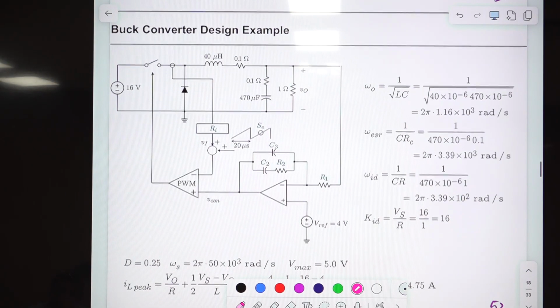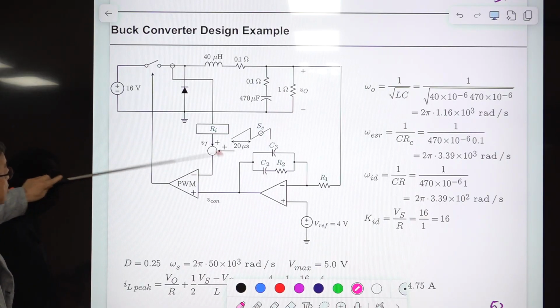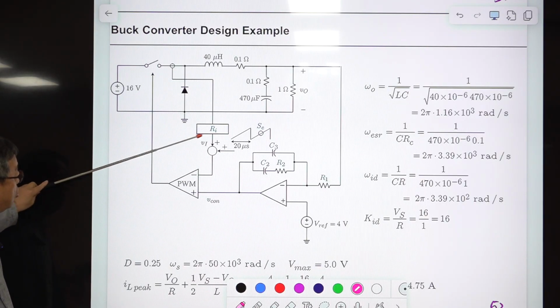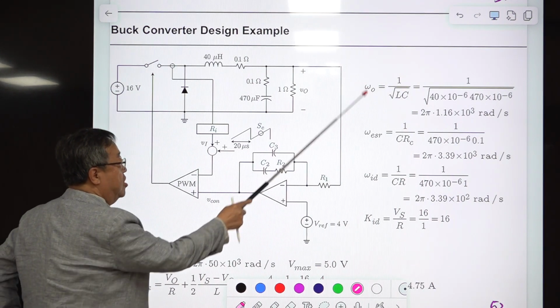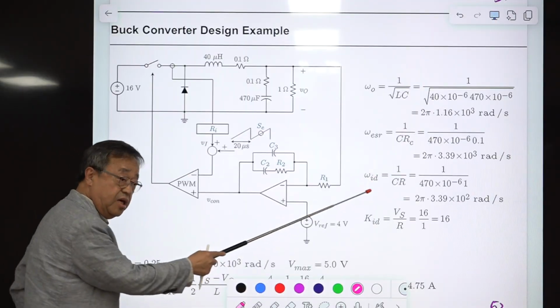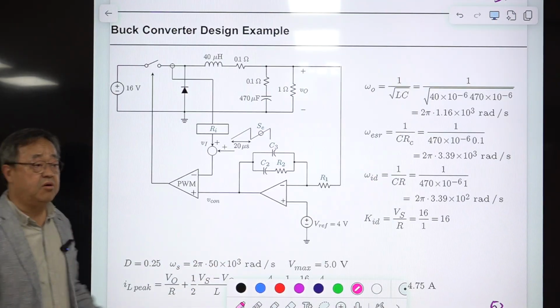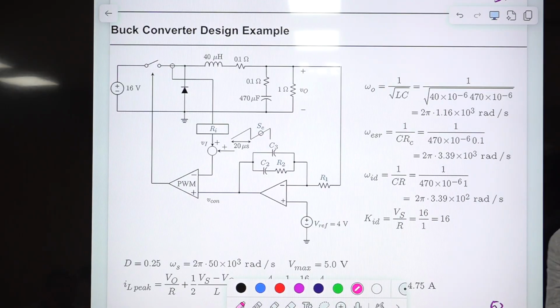So this is the design example for the converter. We are using this converter from the beginning of this lecture series, so same values. Okay, and this is current mode control. From this we determine this, and this omega_ID is the zero in the control to inductor current transfer function.